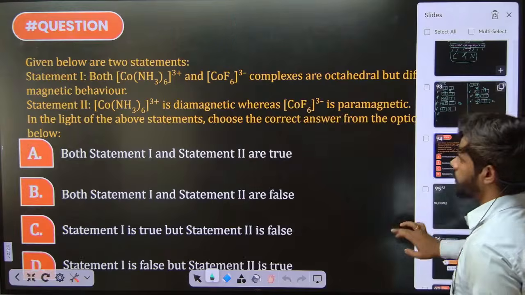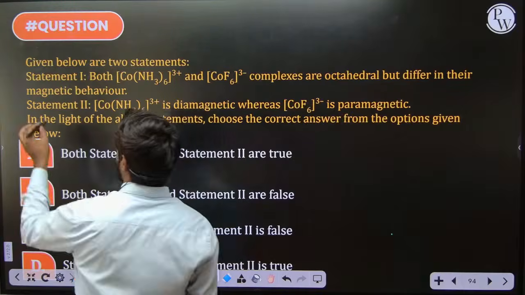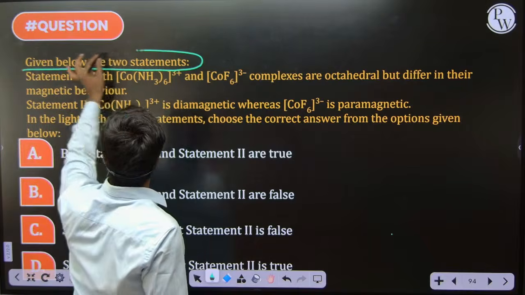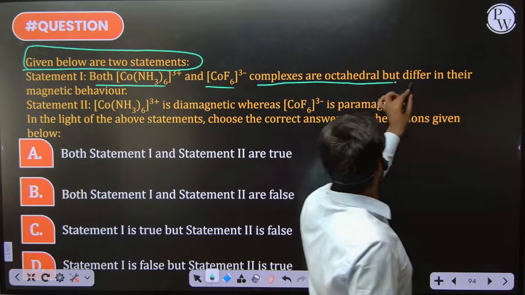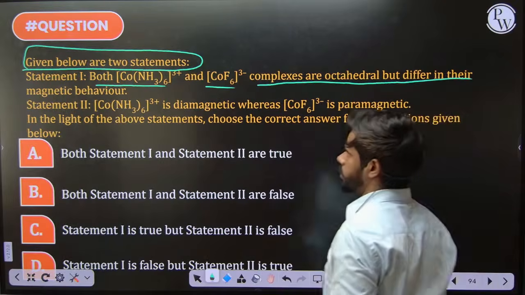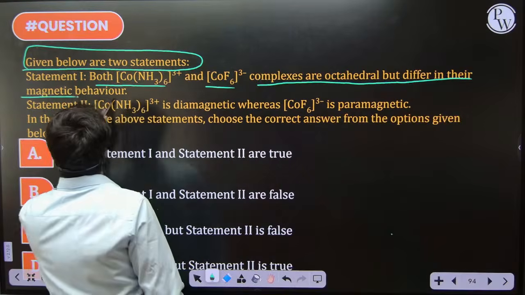So this question is given. Given below are two statements. First of all, both complexes are octahedral but differ in their magnetic behavior.